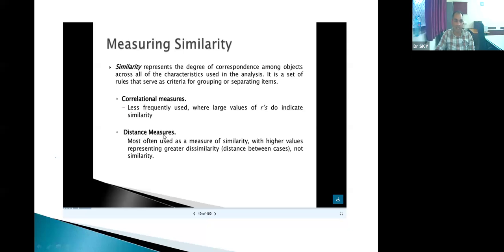Another one is the distance measure, most often used in cluster analysis as a measure of similarity, with higher values representing greater dissimilarity. High distance means higher dissimilarity, and lesser distance means higher similarity. So it is the distance between cases, not similarity. A larger difference means higher dissimilarity.